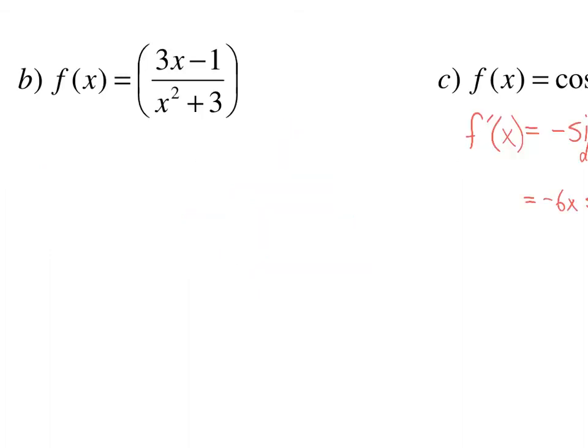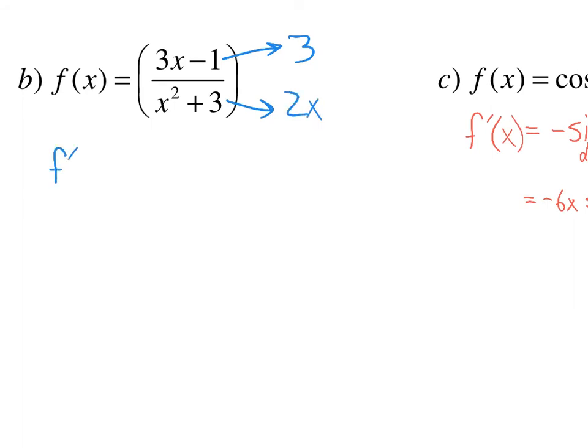So back here on B, we have 3x minus 1 over x squared plus 3. What do we have to use to find the derivative? Quotient rule, okay. So what's the derivative of the top? 3. The derivative of the bottom is 2x.